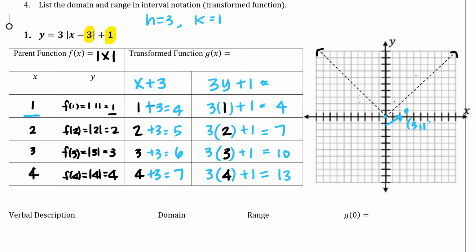When x is 4, we go up to 4. When x is 5, I have 7, so 7 goes up at 5, 6, 7. It's going to be very narrow. I just put the reference point right here. This is my vertex and reference point.